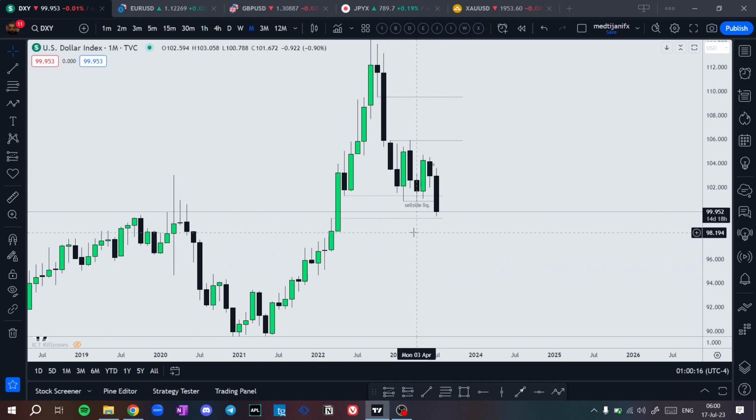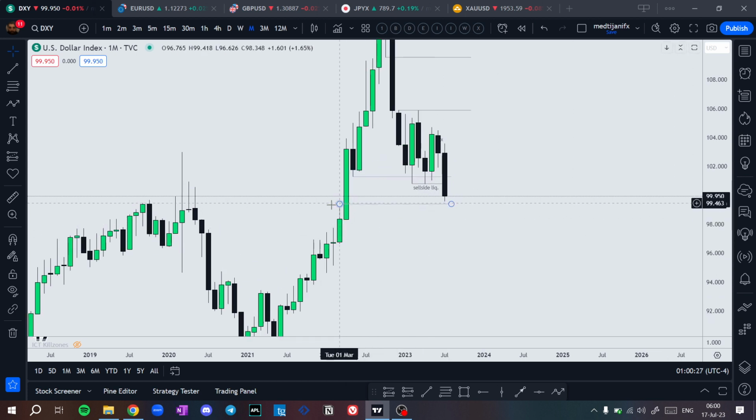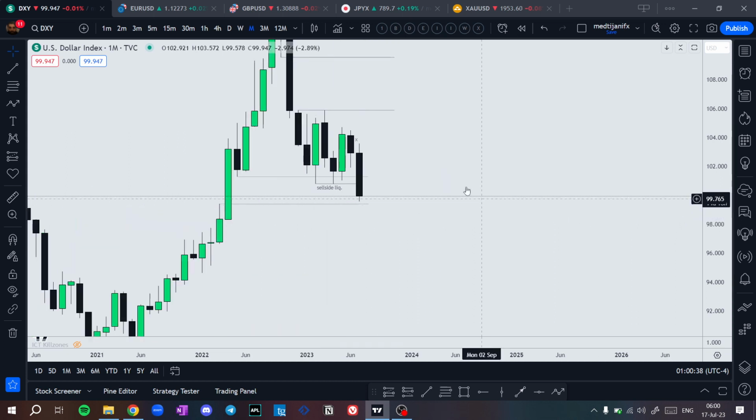What we are seeing now is that price has taken these equal lows, filling almost completely this fair value gap here, this BC, and we see that below this BC we have another fair value gap, another monthly BC right here.